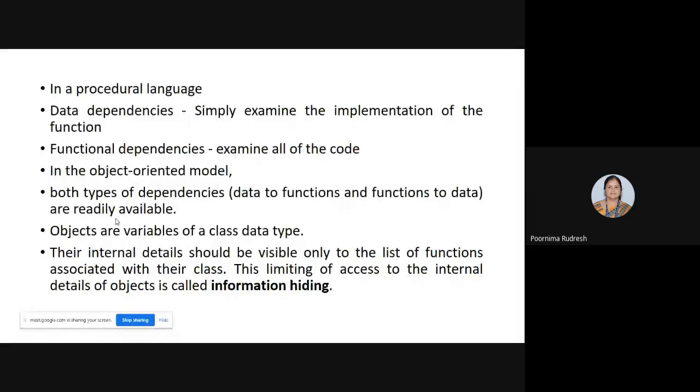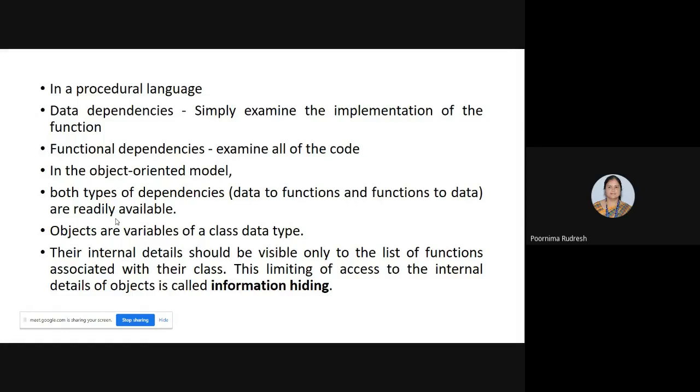By simply examining the implementation of the function. If we have implemented the function, by examining that function we are going to find the data dependency in a procedural language.